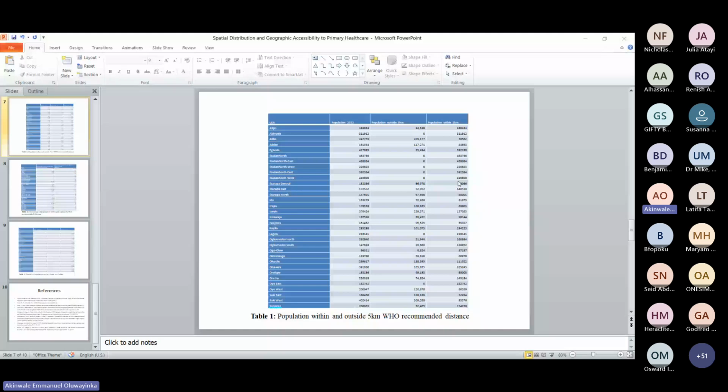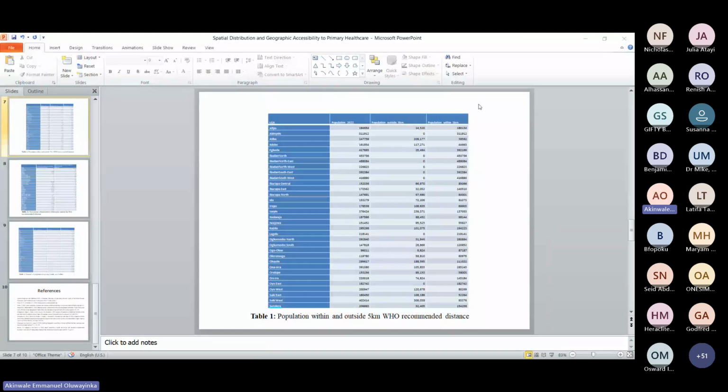And here we can see the percentage of the population. Some local governments have a very low percentage of population within the 5 kilometer distance. For instance, Atiba has 15% of the population that can access primary healthcare within the 5 kilometer recommended distance.